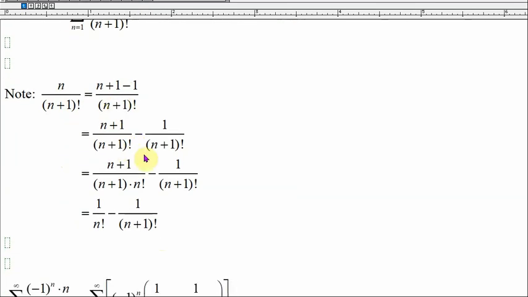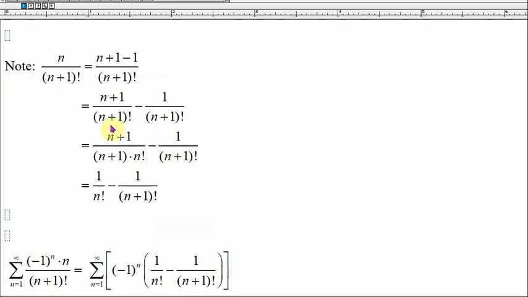And then this is the same as (n plus 1) over (n plus 1) factorial, and then minus 1 over (n plus 1) factorial. (n plus 1) factorial is the same as (n plus 1) times n factorial, and then the factors n plus 1 here will cancel each other out. So what's left is just 1 over n factorial, and then minus 1 over (n plus 1) factorial.